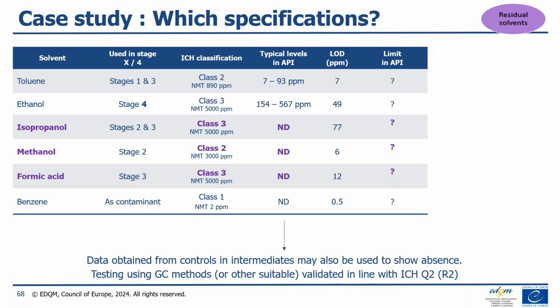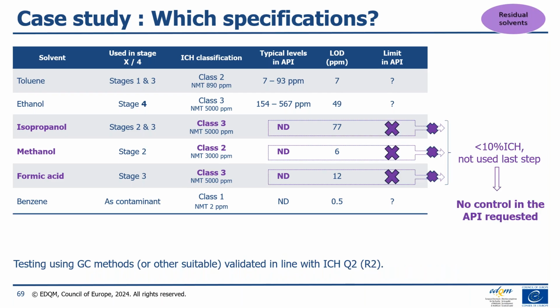You can put them where they are used, in which step, and the class that they are, and the level that they have been found in, and the LOD of the method. So for the first 3 solvents, isopropanol, methanol, and formic acid, we can see that they are found not detected, so it's below 10% of the ICH limit, so no control in the API is required.